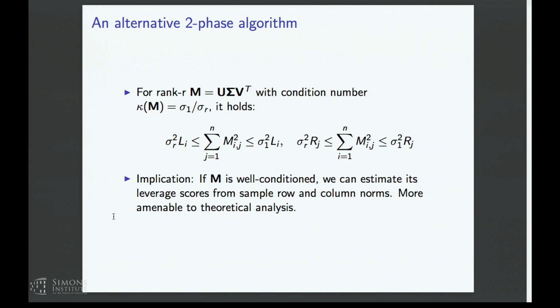And just from this alone, you see that it's only going to do well if the underlying matrix is well conditioned. So there's going to be a condition number that appears in the estimate that is an artifact of this algorithm, which isn't really the right algorithm that you want to use.